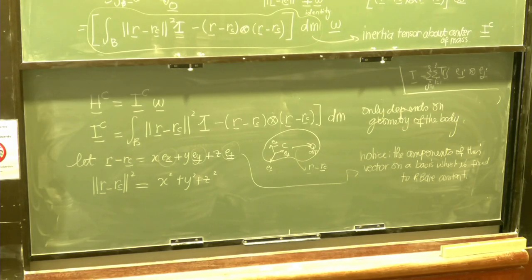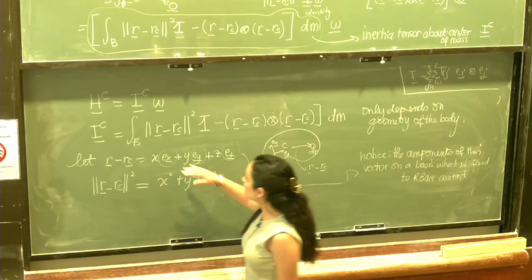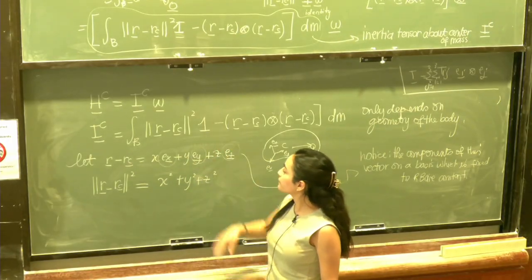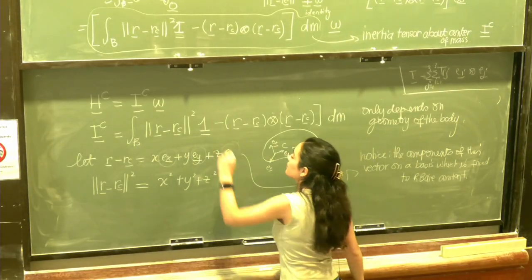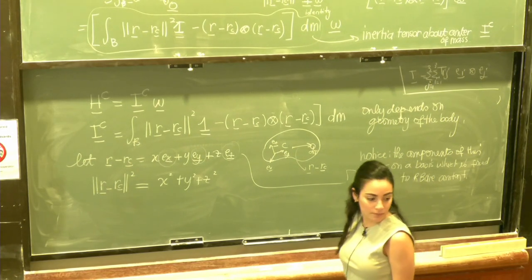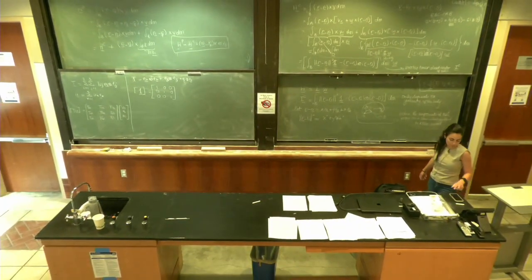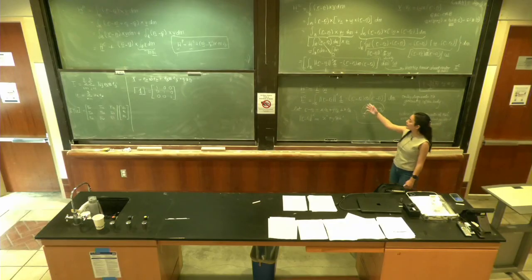So again, what am I trying to do? I'm trying to take this tensor and express it in matrix form.